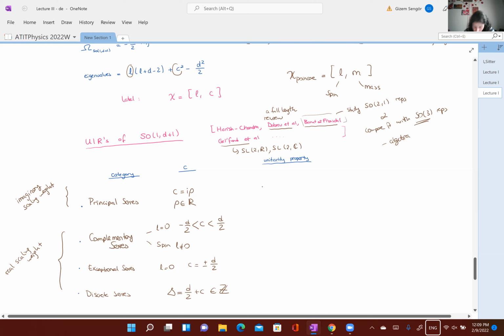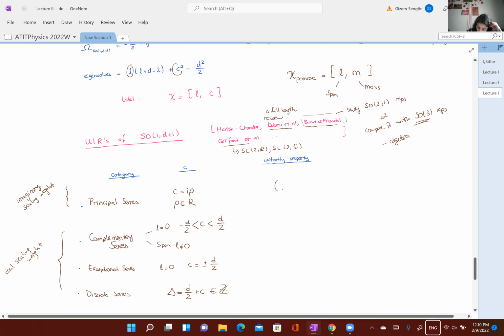Now, these we said are unitary irreducible representations, and unitary irreducible representations preserve well-defined inner products on the space on which they are acting. So depending on the category, and we will see this in more detail slowly, having the scaling weight be imaginary or real leads you to do something different about the well-defined inner product.